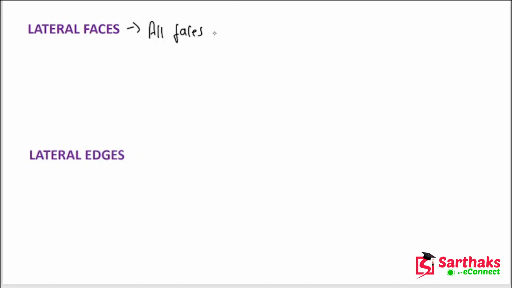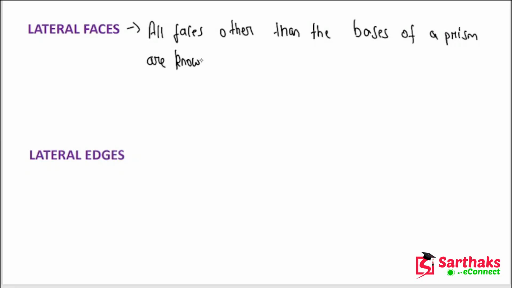So all faces other than the bases of a prism are known as its lateral faces. Okay, all faces other than the bases of prism are known as lateral faces. That is the standing faces.